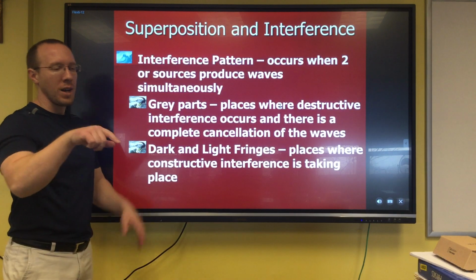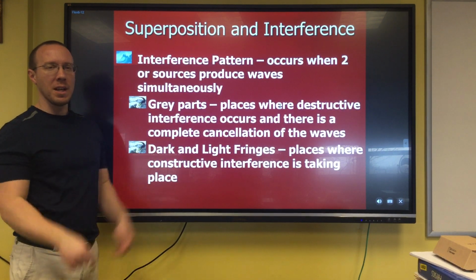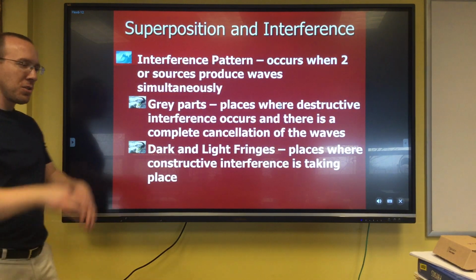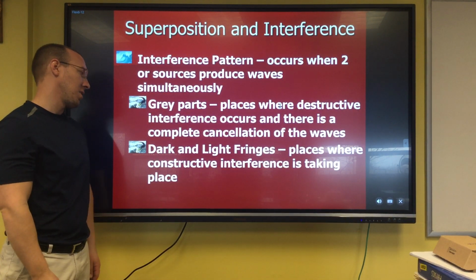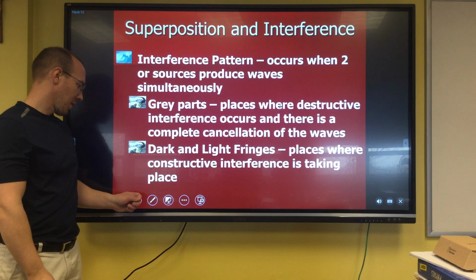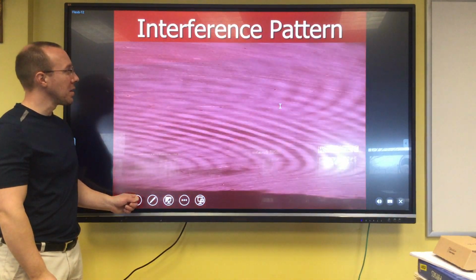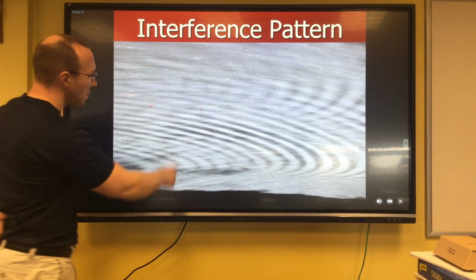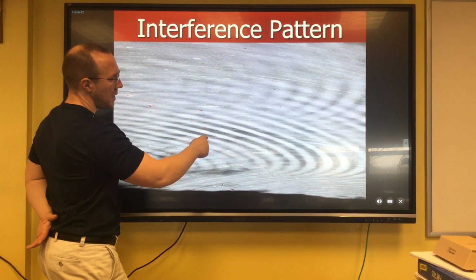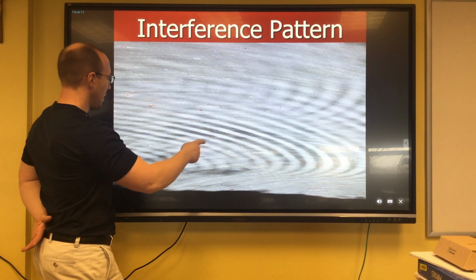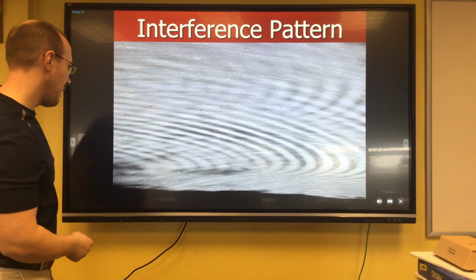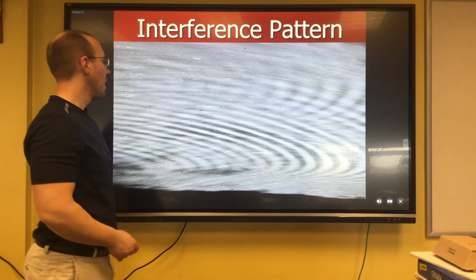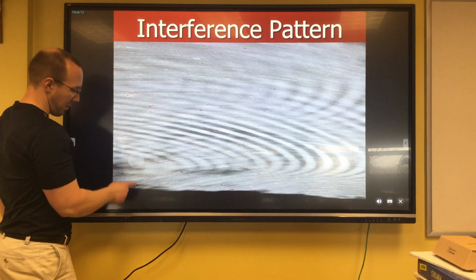The crest from one is hitting the trough from another, and they're canceling out. The dark and light ones are just places where two crests or two troughs hit. It's constructive. Let's see if I can pull a picture up here. It's kind of hard to see, but you can definitely see the dark and the light spots, and it's kind of grayish through here. I'm sure you can find better pictures online of this.